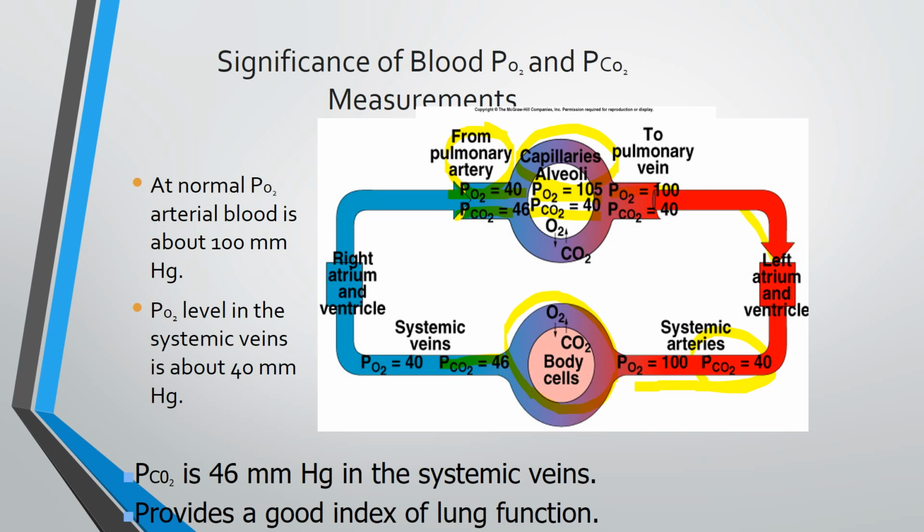And now our oxygen levels have dropped to 40 millimeters of mercury from 100 millimeters of mercury. This is significant because it is the driving force of inhalation and exhalation, and keeps our oxygen and carbon dioxide level differences throughout the body.